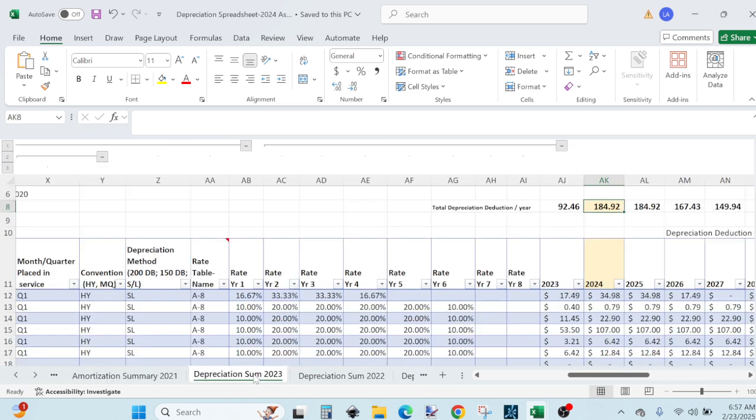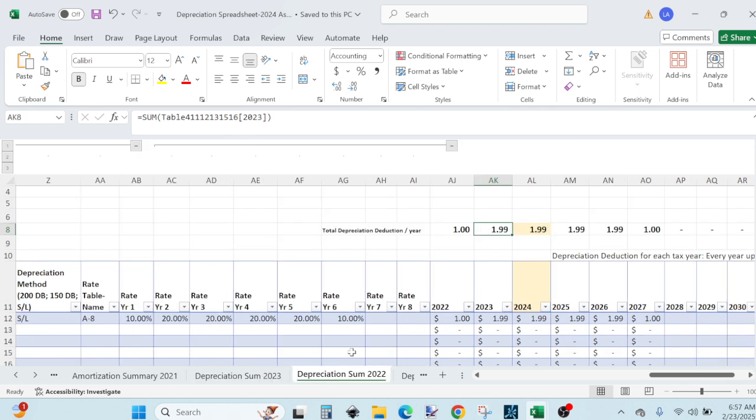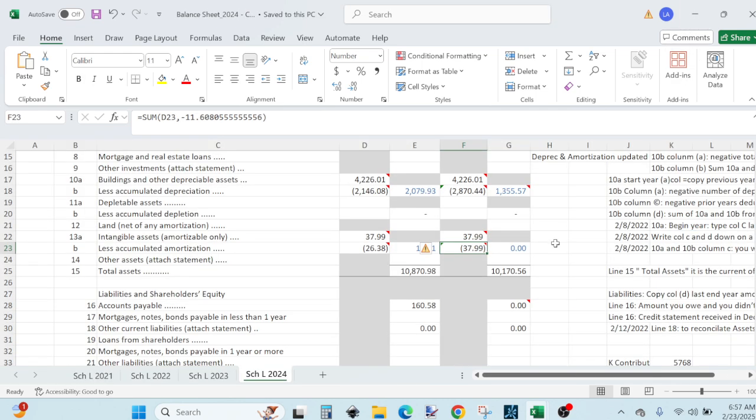And it's good you track your assets. If you are depreciating assets, you track them and your depreciation throughout the years to take. So, you add that as well, and that's how you determine your total assets to put on Form 1120S.